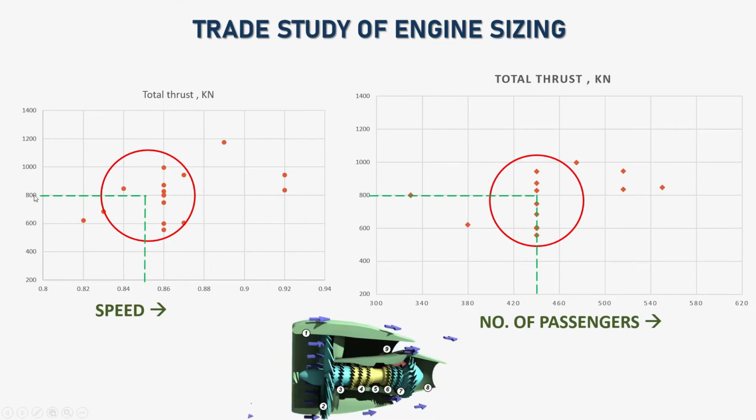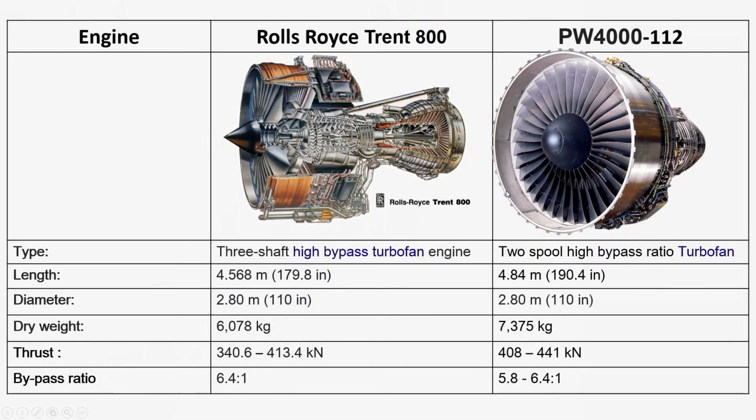Now again the trade study about engines which can produce 400 kilonewton: one is the Rolls-Royce Trent 800 and one is the Pratt & Whitney 4000. Both have the configuration of a high bypass ratio turbofan. Comparing these in my design, I will be choosing the Rolls-Royce Trent 800.